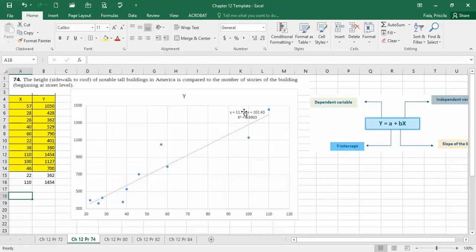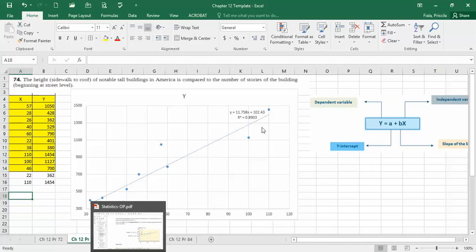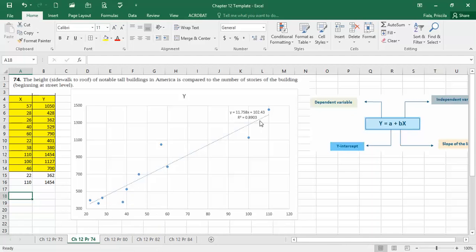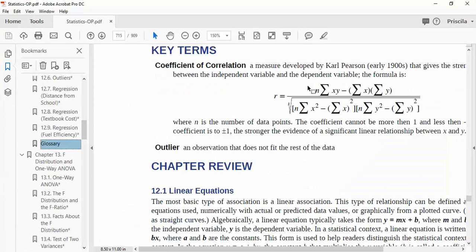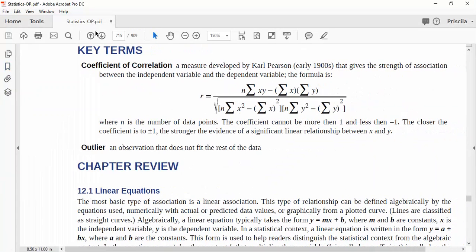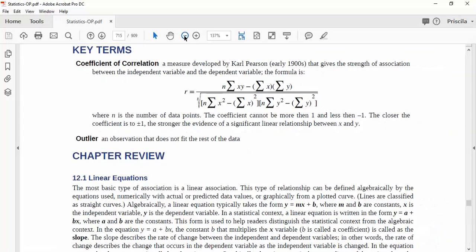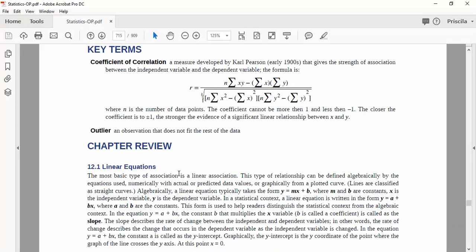So the thing is, you're gonna see in your book that some places do list, I think it's in the summary of your book, and I might have made this way too big. Here we go. It says that algebraically, a linear equation typically takes the form of y equals slope times x plus b.